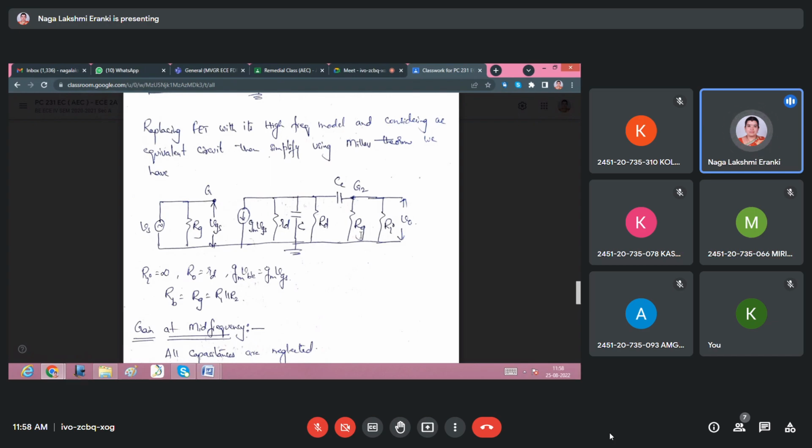BJT, RI parallel to RB. What is the net effective resistance in case of BJT?